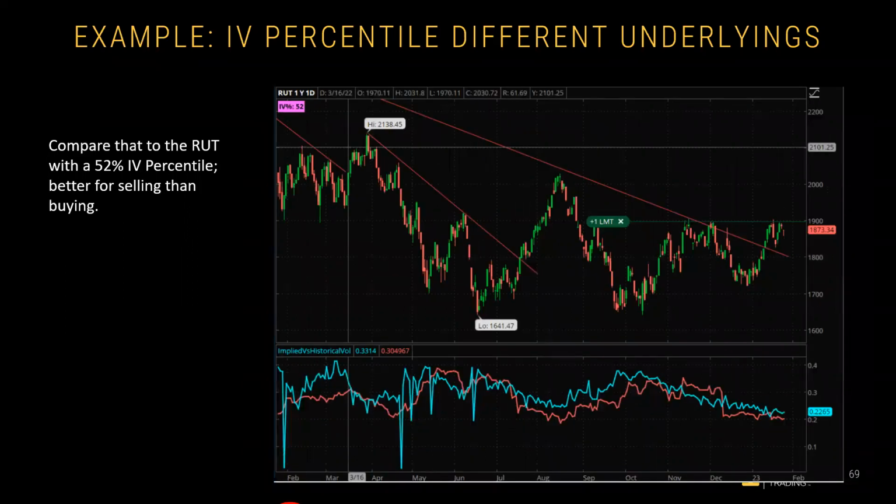And then we compare that versus the Russell, and the Russell 2000's got a 52% IV percentile. Better for selling than buying with this level of implied volatility against the mean. So much higher level of implied volatility with the Russell against its own comparison.